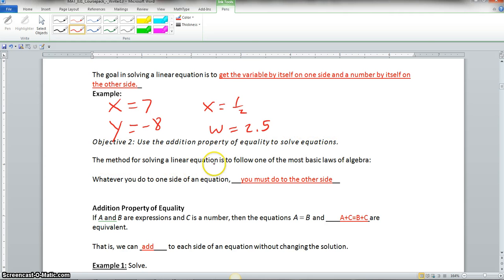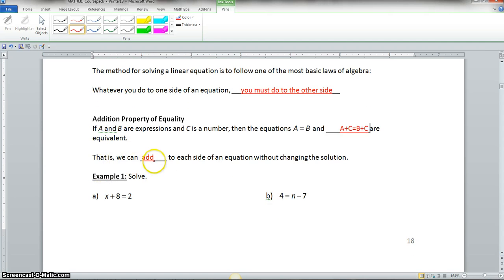The method for solving a linear equation is to follow one of the most basic laws of algebra. Whatever you do to one side of an equation, you must do to the other side. Addition property of equality. If a and b are expressions and c is a number, then the equation a equals b and a plus c equals b plus c are equivalent.